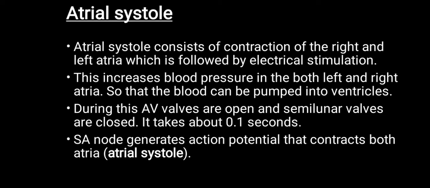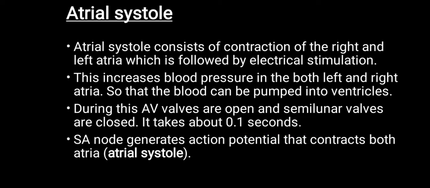This increases the blood pressure in both the left and right atria, so the blood can be pumped into the ventricles. During this, the AV valves, that is the tricuspid and bicuspid valves, are open and the semilunar valves are again closed, and it takes about 0.1 seconds.